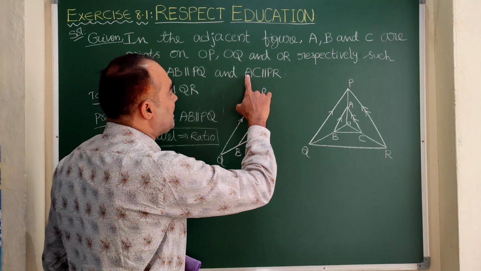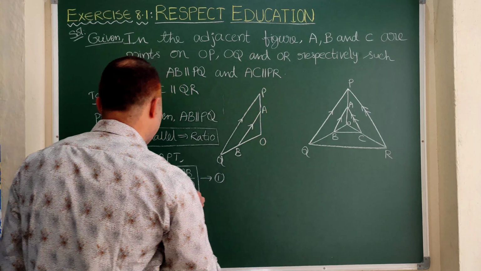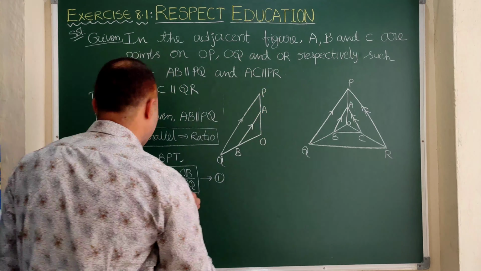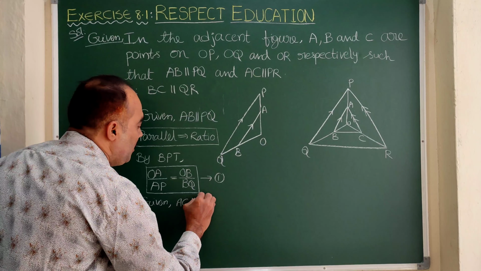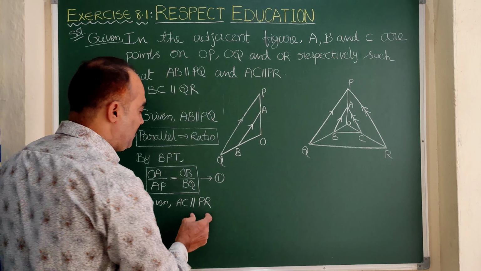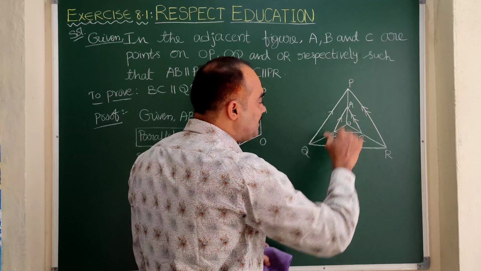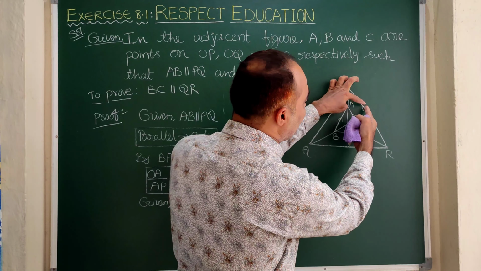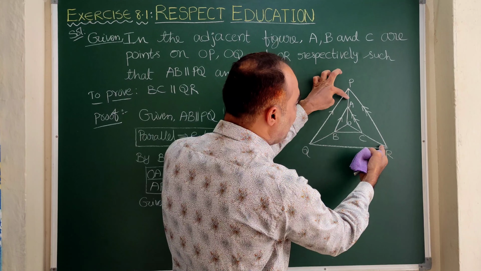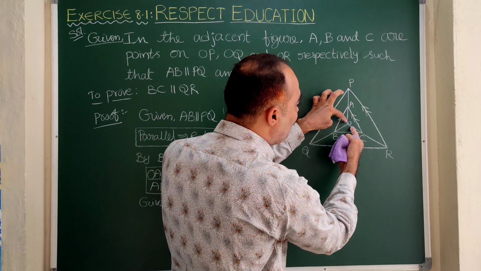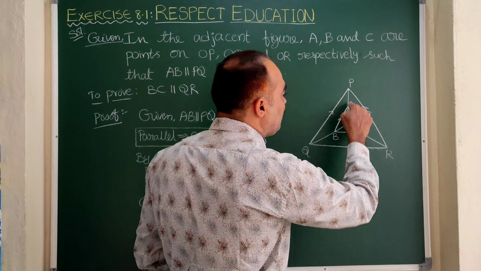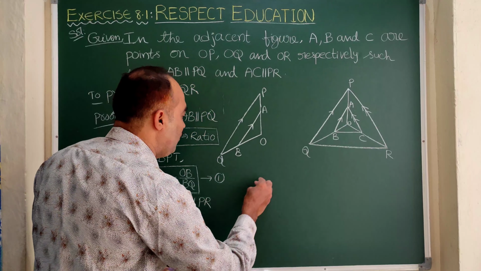Now here second condition, AC parallel to PR. Let us write here, given AC is parallel to PR. Here you see PR and AC, in which PR is bigger, AC is smaller. So let us start journey with the bigger PR, reach AC. If you go forward, you will reach O. So here we should take the triangle OPR.